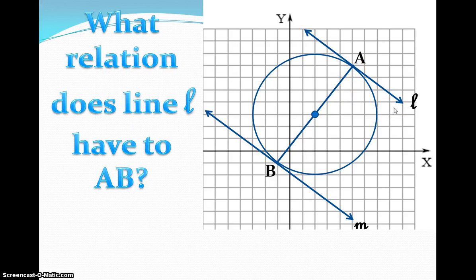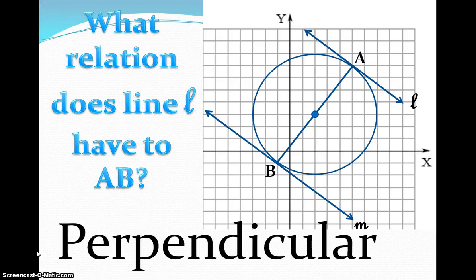I basically have already given away the next question, which is what relation does line L have to AB? It would then be, of course, perpendicular to each other.